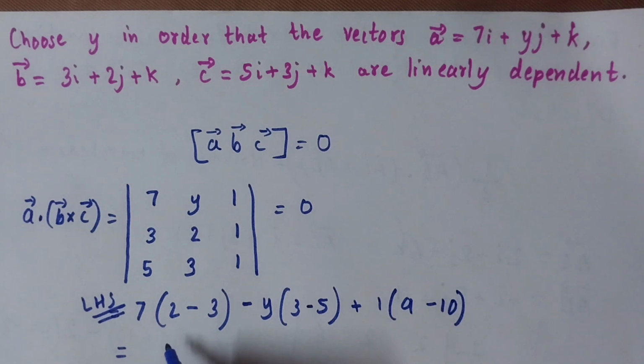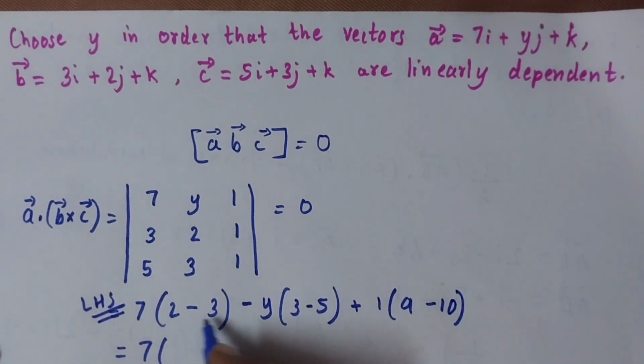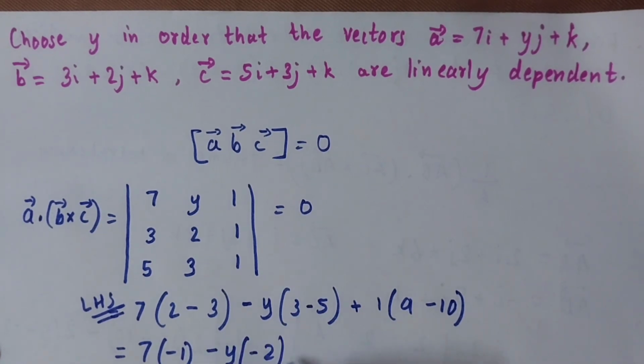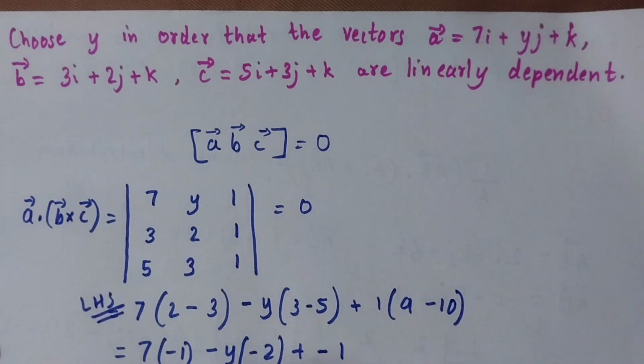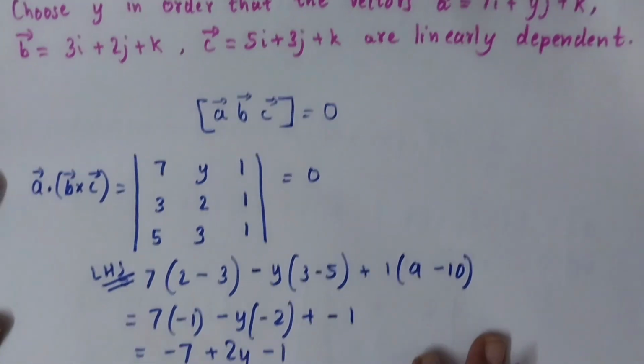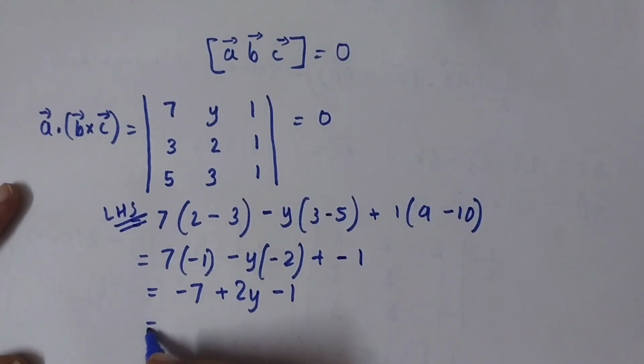Now when you expand the LHS, you will get 7, 2 minus 3 is minus 1, minus y, 3 minus 5 is minus 2, plus 9 minus 10 is minus 1, which is equal to minus 7 plus 2y minus 1, which is equal to 2y minus 8.